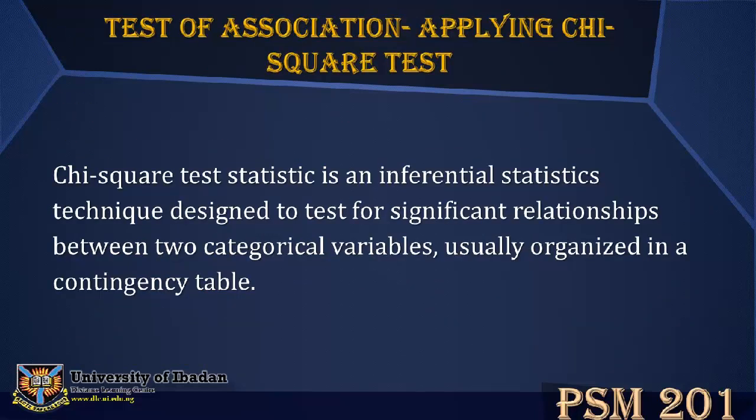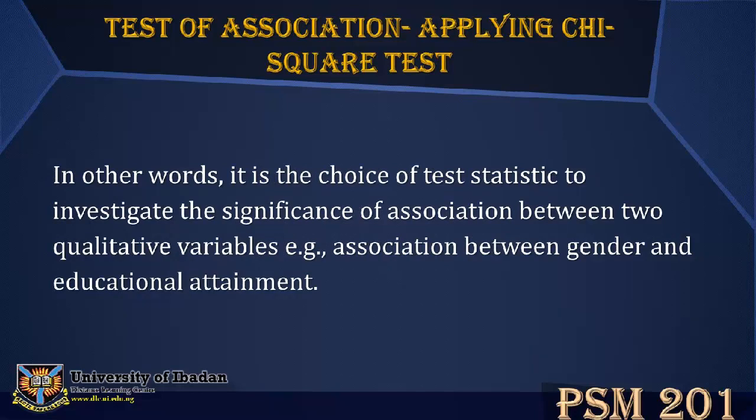Test of association applying chi-square test. Chi-square test statistic is an inferential statistic technique designed to test for significant relationship between two categorical variables, usually organized in a contingency table. In other words, it is the choice of test statistic to investigate the significance of association between two qualitative variables, e.g., association between gender and educational attainment.